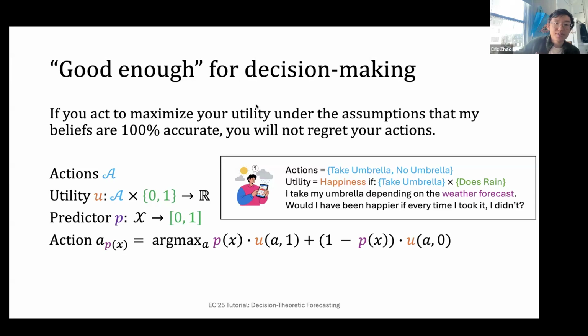And then the second one is the probability that my forecast claims it won't rain and my utility if it indeed doesn't rain.